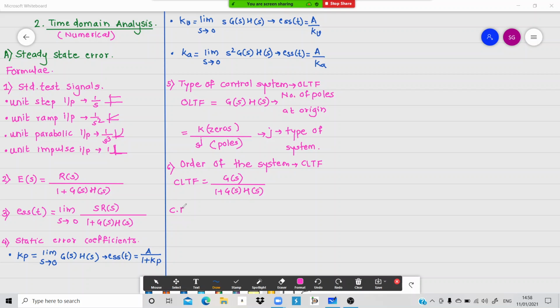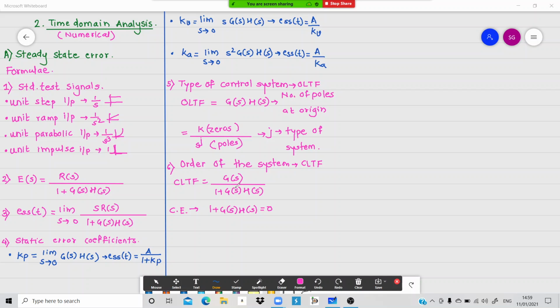So the characteristic equation is 1 plus G(s)H(s) equal to 0. In the CLTF, whatever is the denominator, you equate it to 0 and you get the characteristic equation.